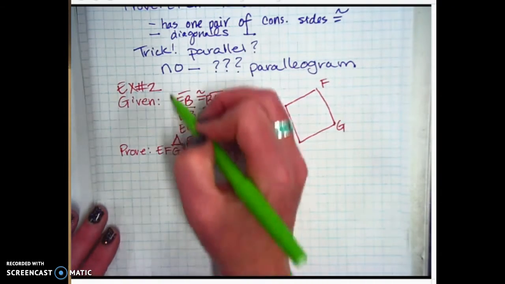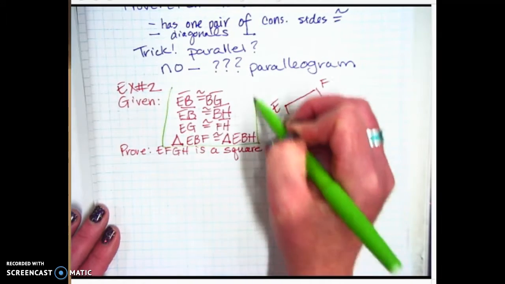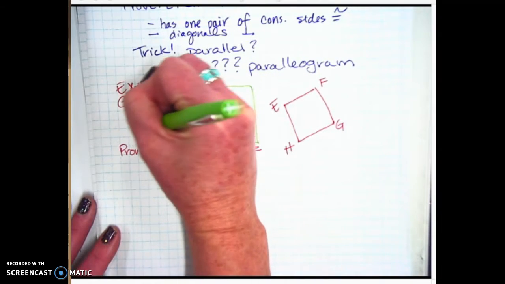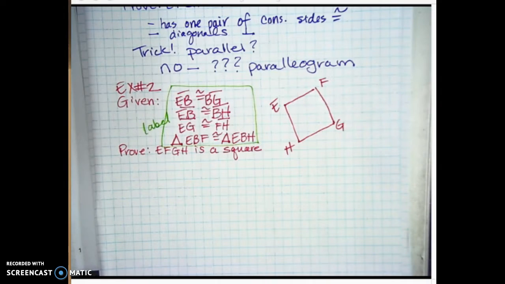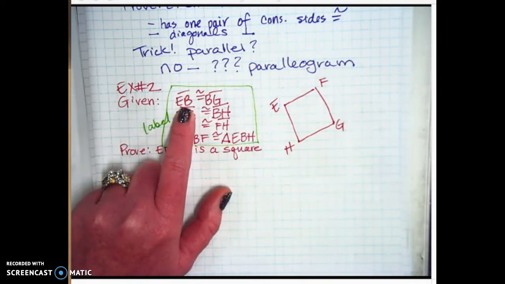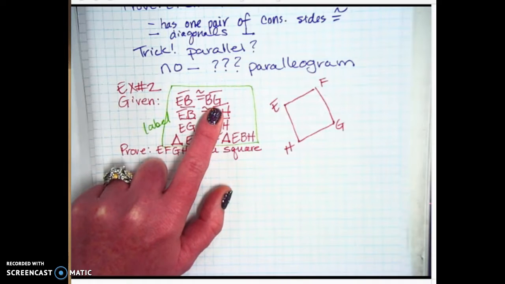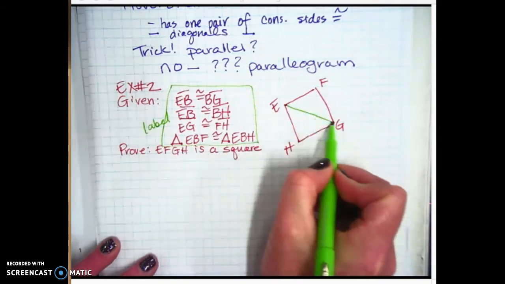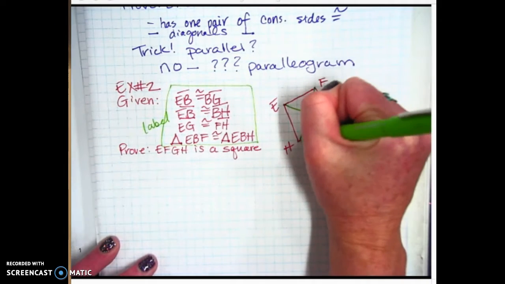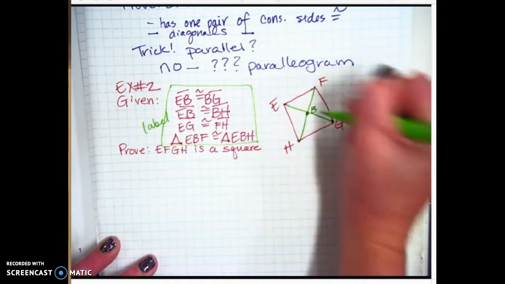And then we're going to take all this information right here and label it right on our figure. Okay, so the first one is EB equals BG. So I'm not seeing a B. What do you think B is? Middle point. So I'm going to have to draw in some diagonals, connect them in the middle, and give it a B.